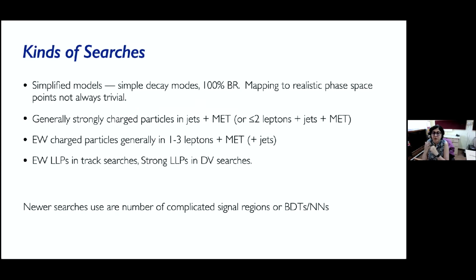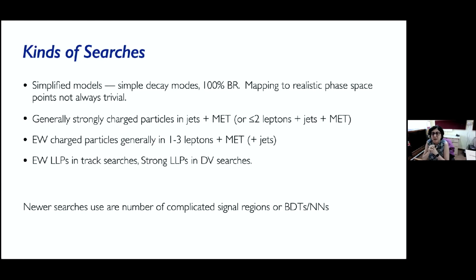First, if you're producing strongly charged particles, then you look for them in jets plus missing ET, or some leptons plus jets plus missing ET. If you're looking for electroweak charged particles, then you have some leptons plus missing ET and maybe some jets.